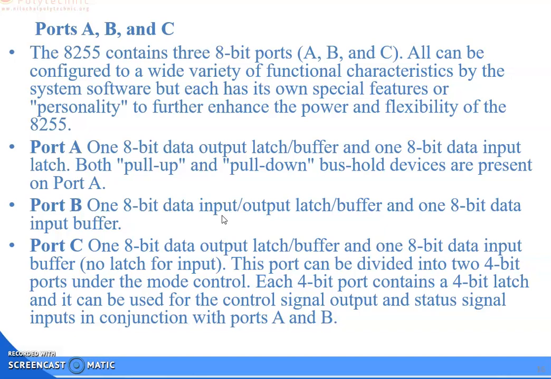This port can be divided into two 4-bit ports under the mode control. Each 4-bit port contains a 4-bit latch and it can be used for control signal output and status signal inputs in conjunction with port A and port B.